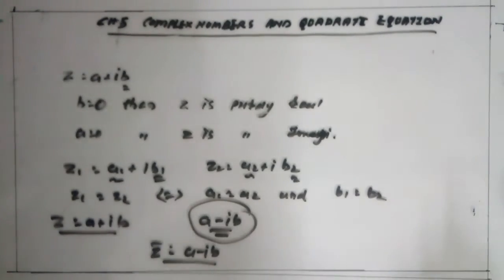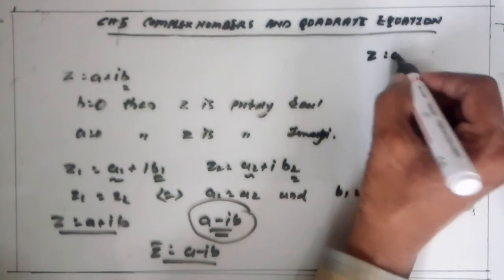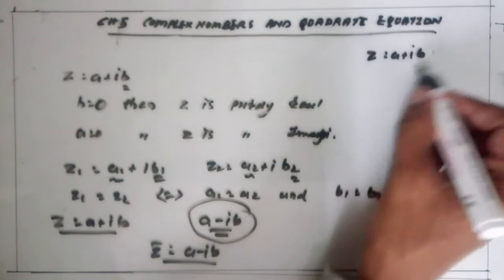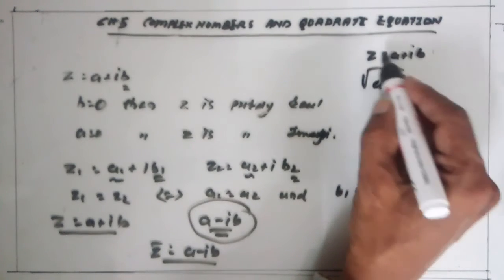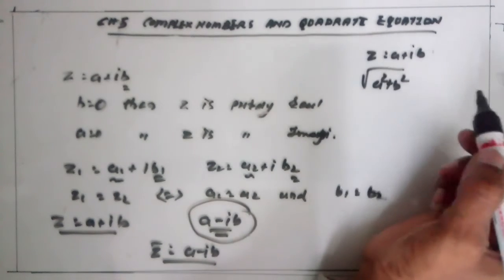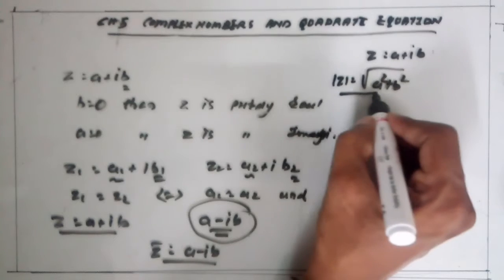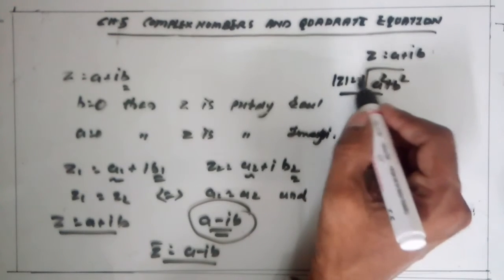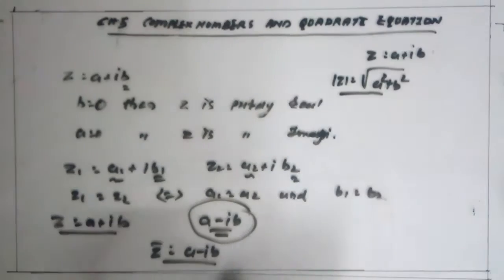And the magnitude of a complex number. For complex number z is equal to a plus ib, root of a square plus b square is called magnitude of complex number and is denoted by mod of z. Clear? So remember this magnitude of complex number, root of a square plus b square.